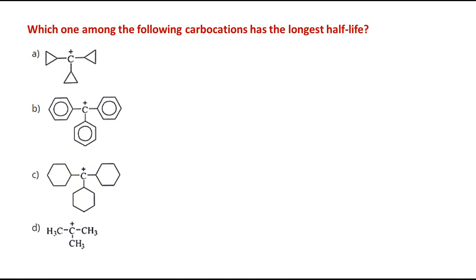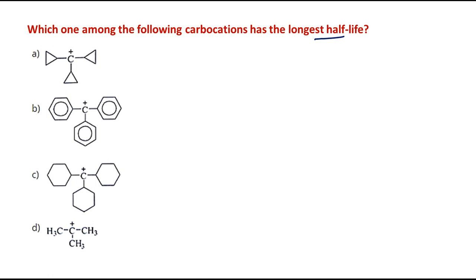Which one among the following carbocations has the longest half-life? Now this is not directly asking which is maximum stable, but it is asking indirectly which has the longest half-life. That means which is most stable, because when the half-life is very high, that means it has more stability. Now you have to find which one is most stable.